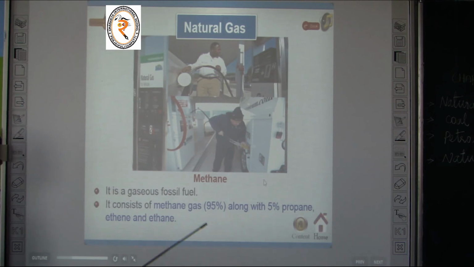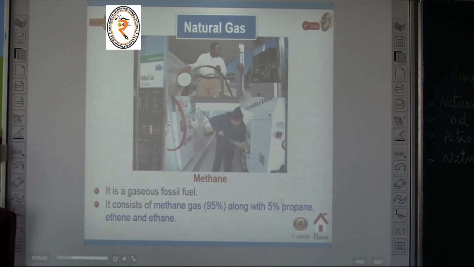Energy from natural gas. It consists of methane gas 95%, along with 5% propane, ethane and ethene. So what are all the constituents of natural gas? It consists of methane, whose chemical formula is CH4, 95%, and along with 5% propane, ethene and ethane.